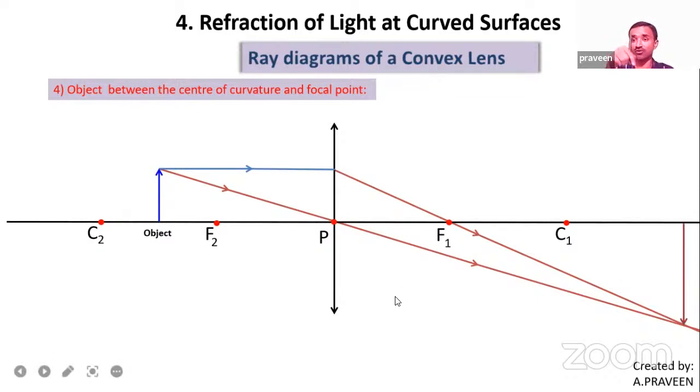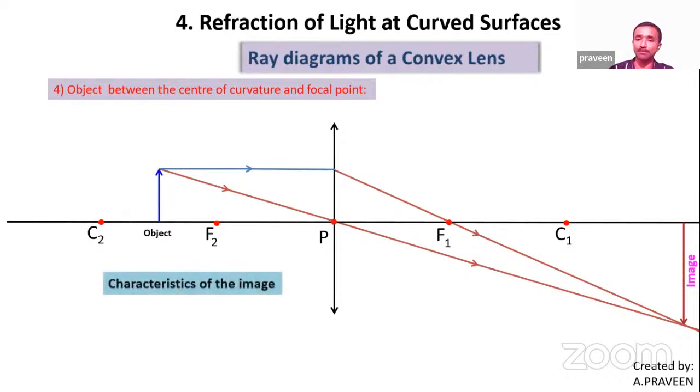This is also downward. So using the characteristics code TDSP, the image is obtained. Writing the characteristics: type, actual converging light rays, so that is a real image. Next, direction: below the principal axis, inverted image. Next, size: the size is enlarged.